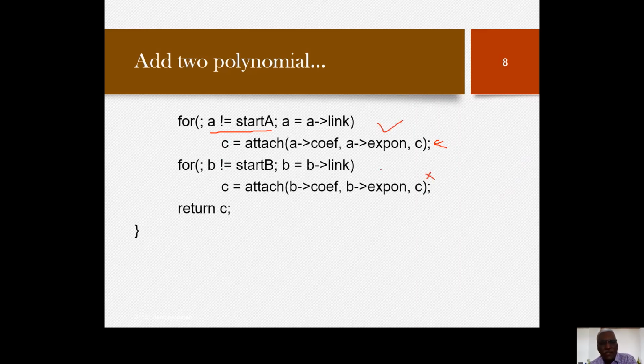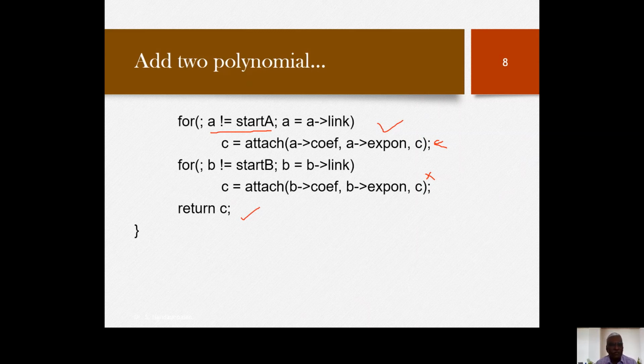This automatically will get executed because A will not be equal to start A. So the idea is that the remaining nodes from A or B should be copied to C. And C is ready now, you can return.